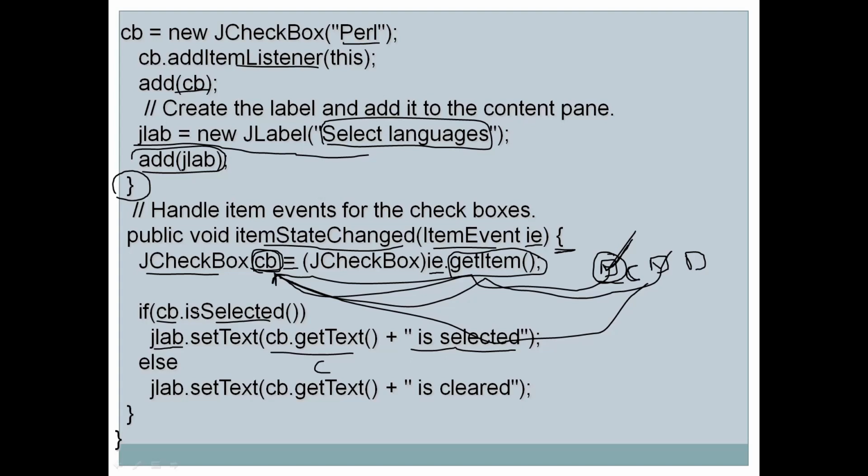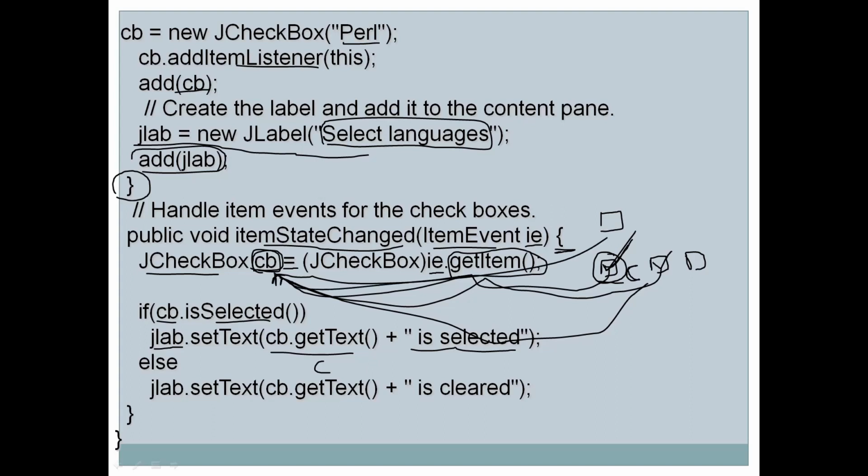If cb.isSelected is false, then it will go to the else part. Now consider, I am still clicking on the first checkbox. Right now it is checked. When I again click on it, it will get unchecked. This will become blank, unchecked. And again the reference is stored in cb.